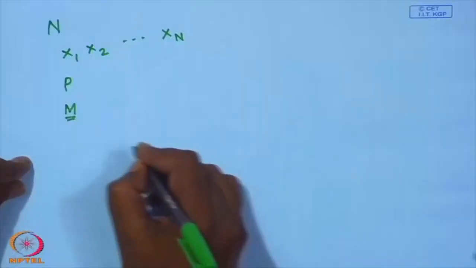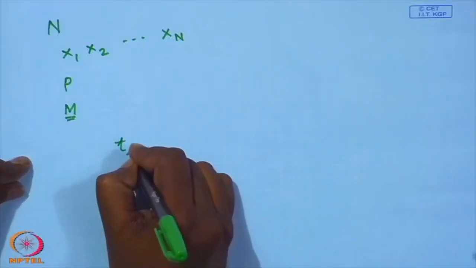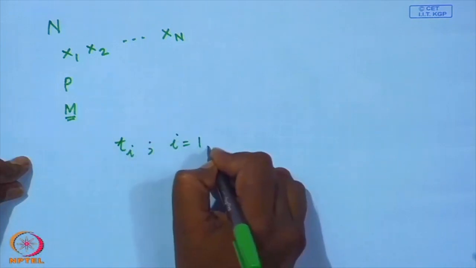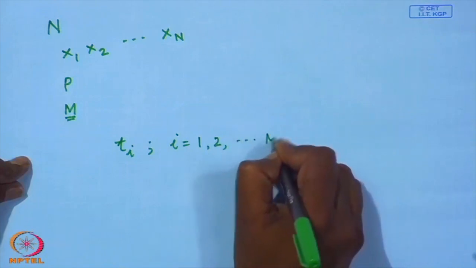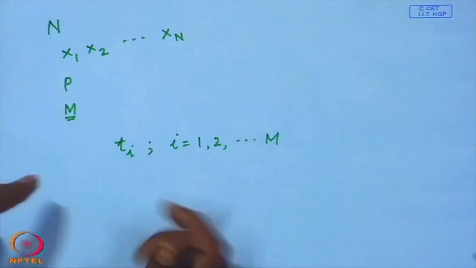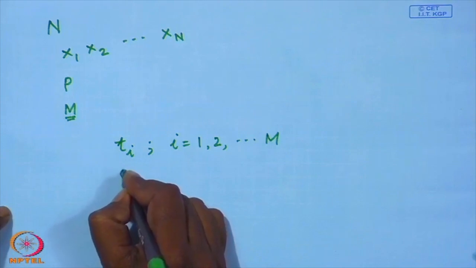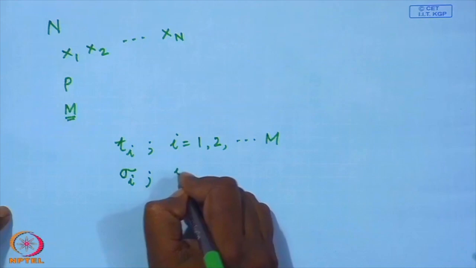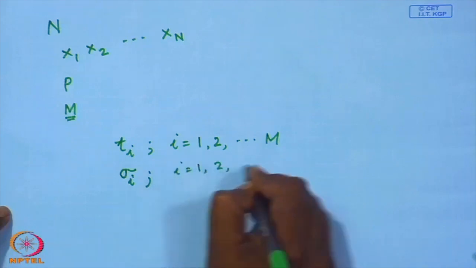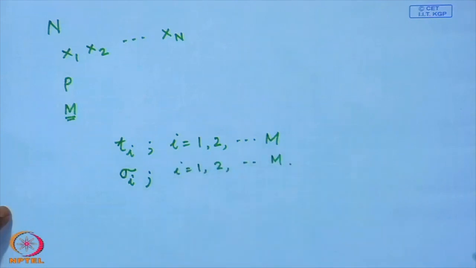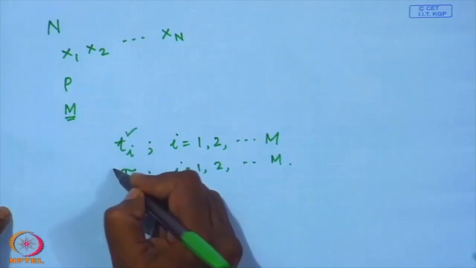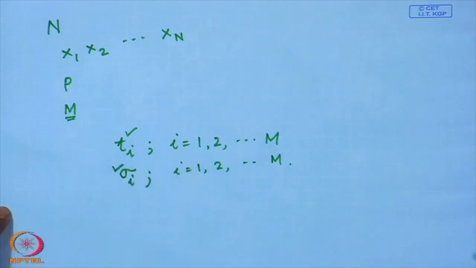That means, for the ith node I have to have receptor t_i, where i varies from 1 up to M, and for the ith hidden layer node I have to have sigma_i, again i varying from 1 up to capital M. So, I have to have M number of receptors and M number of variances or standard deviations.